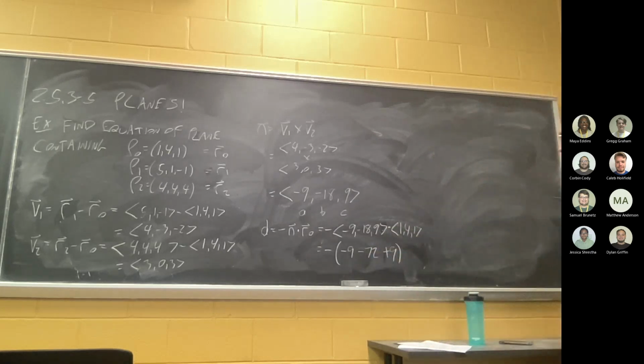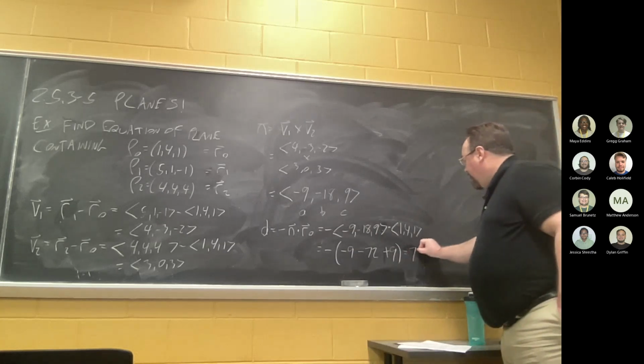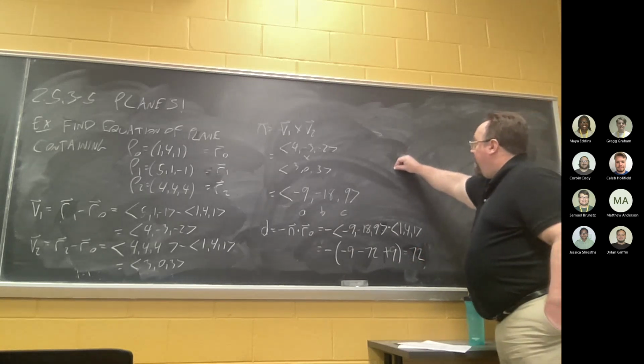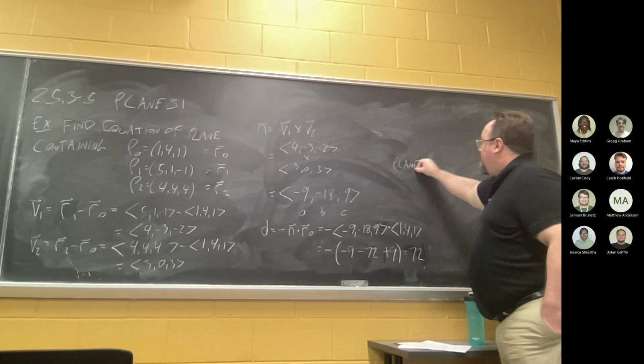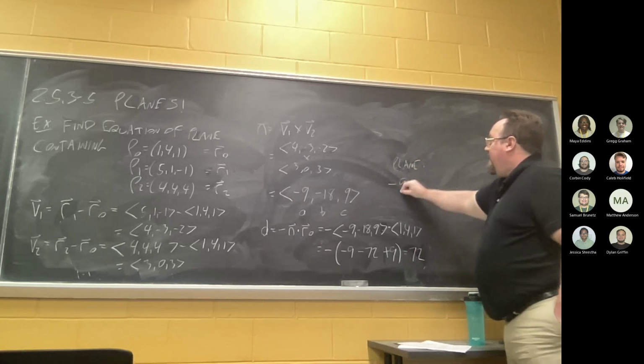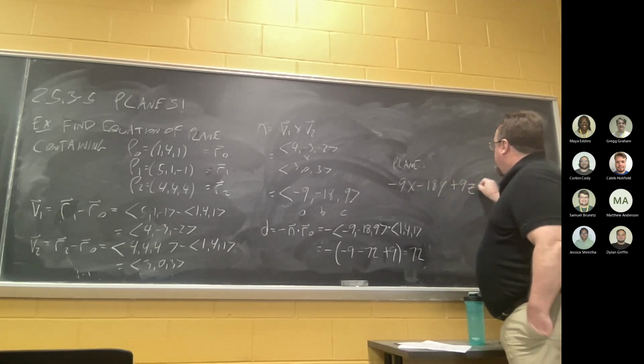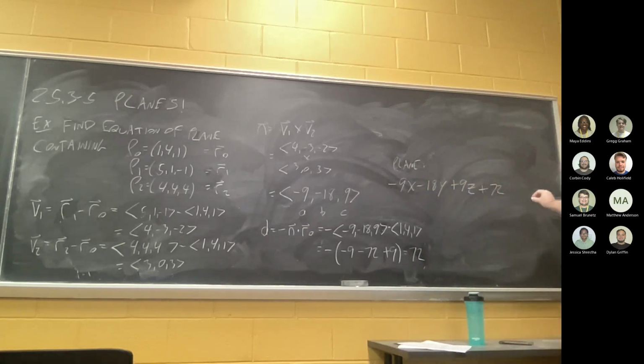Okay, so the 9's cancel, so we have minus 72. So D is equal to plus 72. So now the equation of this plane is minus 9x minus 18y plus 9z plus 72 equals 0.